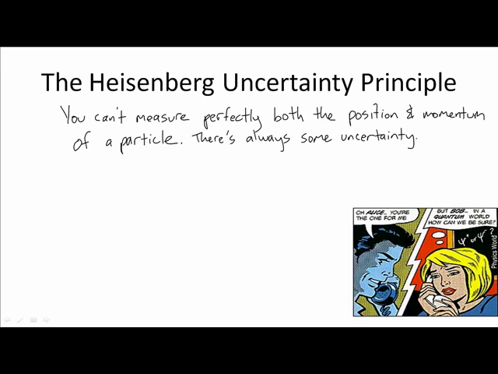Heisenberg's driving along, gets pulled over by a cop, and the cop's like, "Do you know how fast you were going?" He's like, "No, but I know where I am." All right, so a variation on the joke. Cop says, "Did you know you were going 75 miles an hour?" And Heisenberg says, "Thanks for telling me. Now I'm lost." All right. Sure, there's lots of variations on Heisenberg jokes.